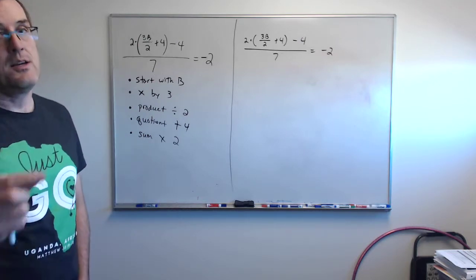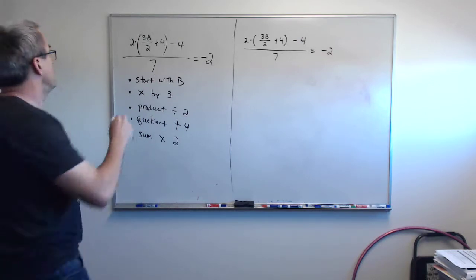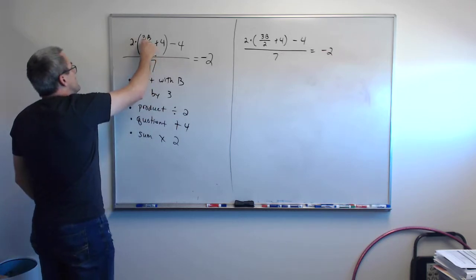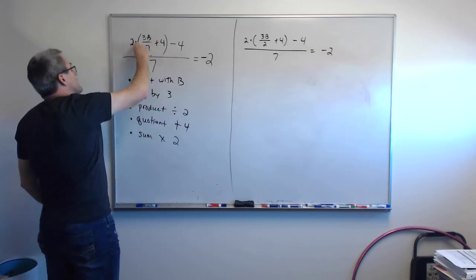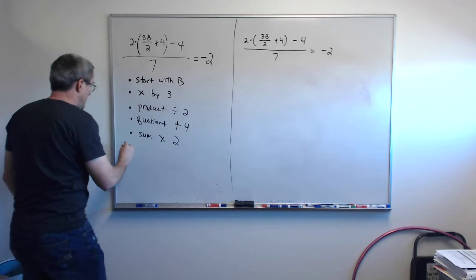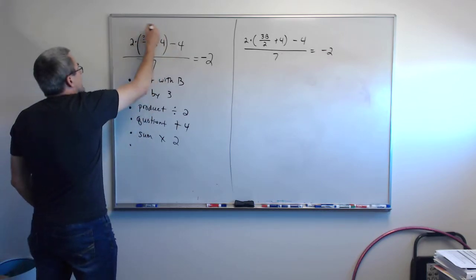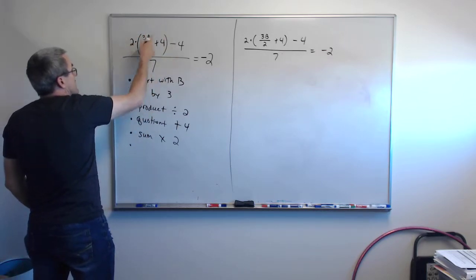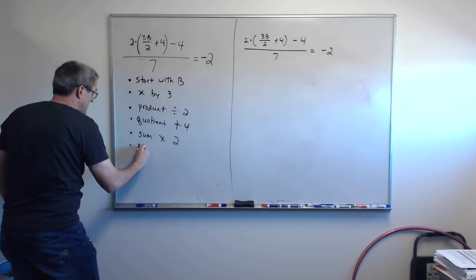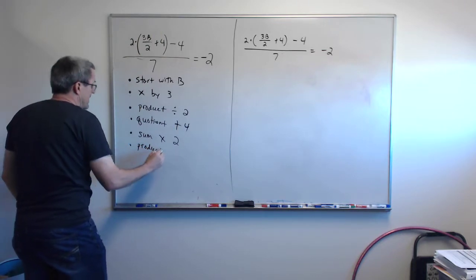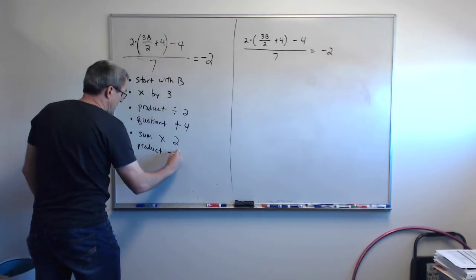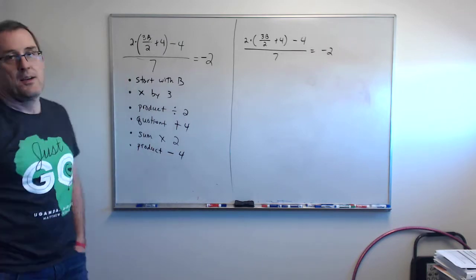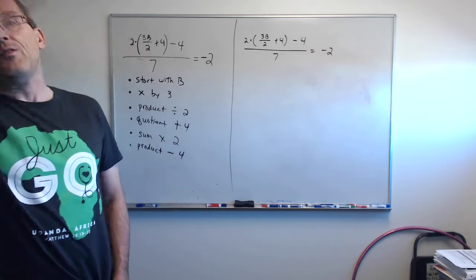Oh, we're getting close. Up there in that numerator, after all of that, after the triple, divide by 2, add 4, double, the next thing is subtract 4. So this product, this multiplying here, 2 times all of this product is subtracted by 4. And then finally, all of that.